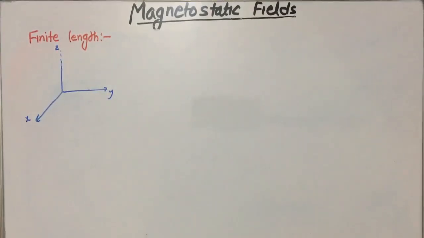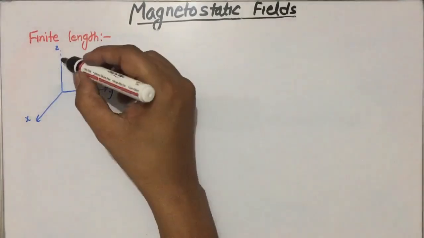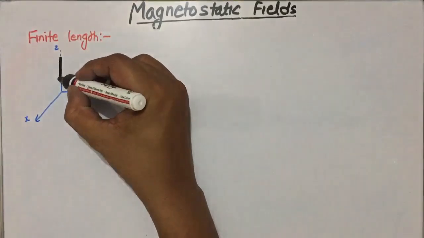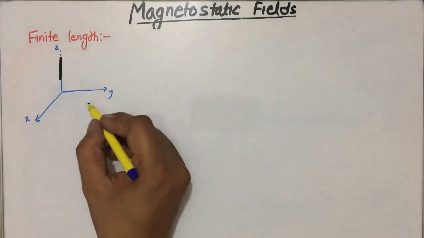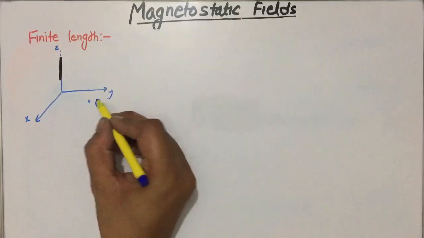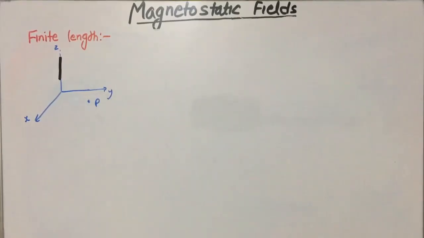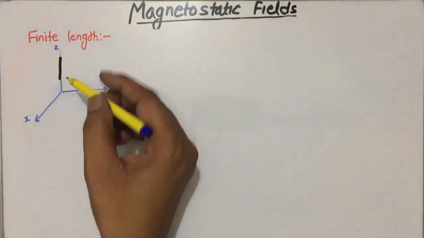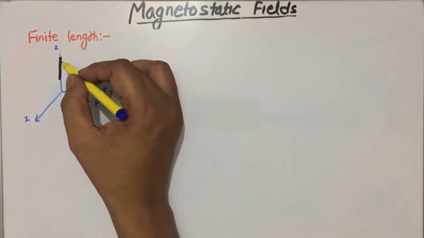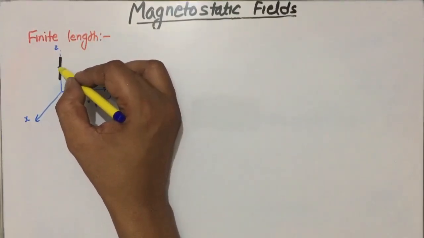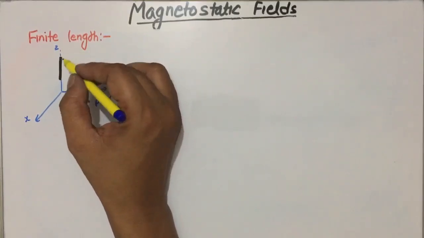The conductor is of finite length like this, and the point of interest is somewhat here. This is our point of interest, and we will try to find the magnetic field intensity H at this point due to this line conductor, which is flowing current I in this direction.